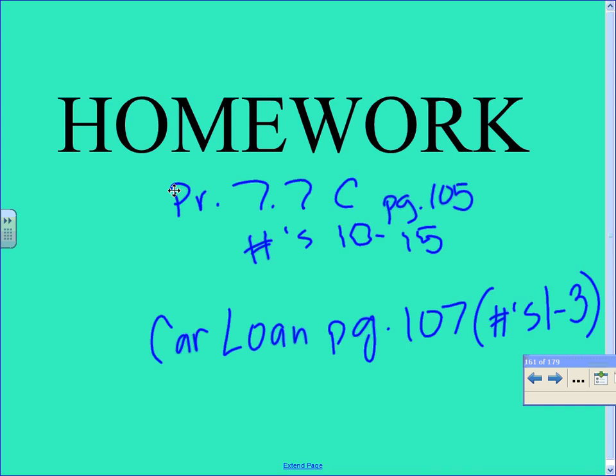Okay. Doug? Yes, always. On 7.7C, use loose leaf or a notebook. For the car problem, you do have some room at the bottom. When I did my car problem the other day, I wrote it all at the bottom. Number 15 is a hard problem, but you can do it.